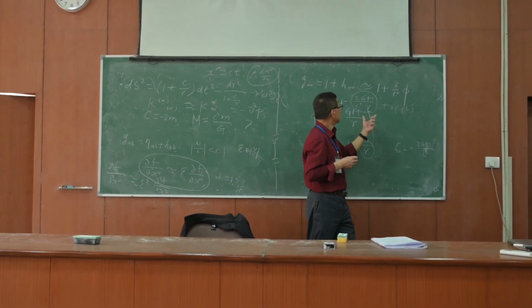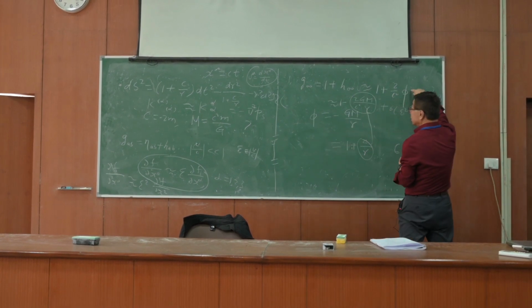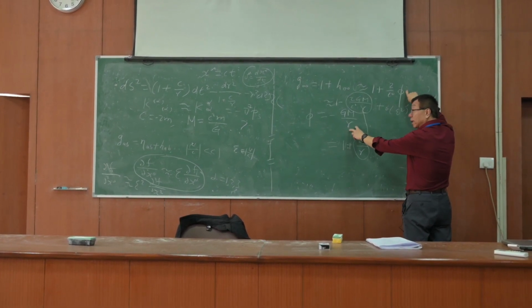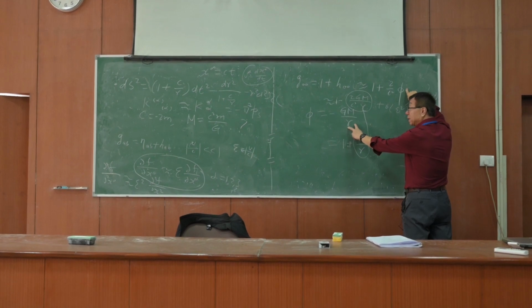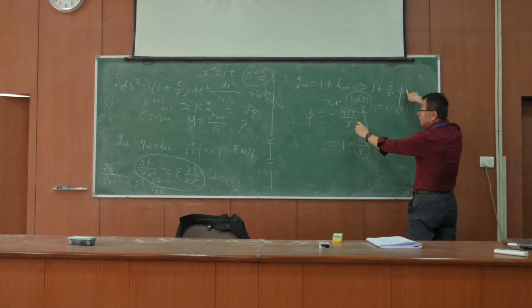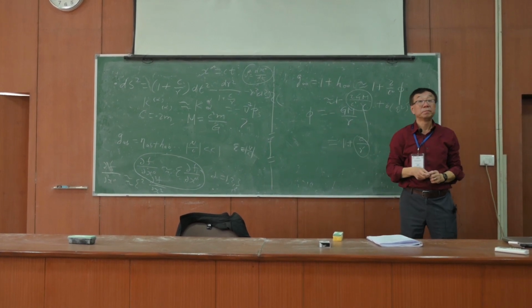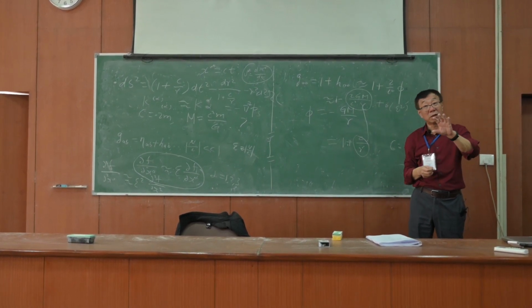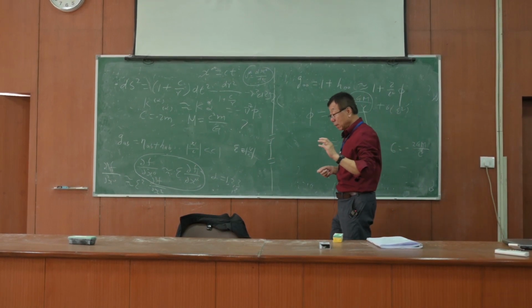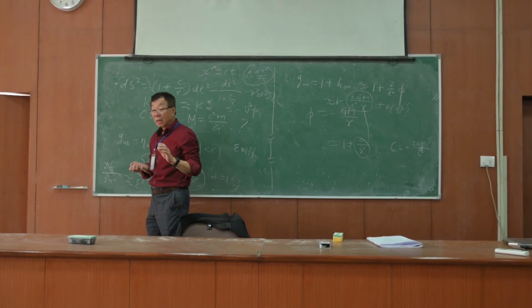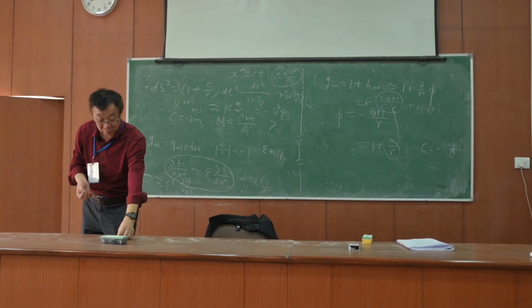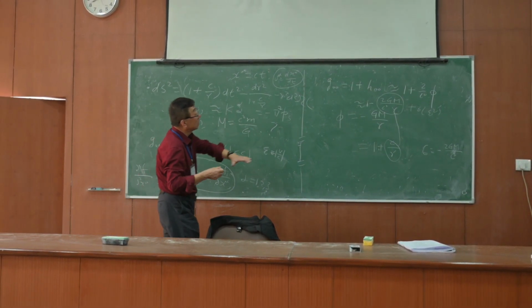Okay? Since I know in the Newtonian case, this corresponds to a point particle, a black hole with a mass, this is the potential, I plug it here and get my result. So this is the whole process, using the correspondence to get from the Newtonian case and relate it to this one.